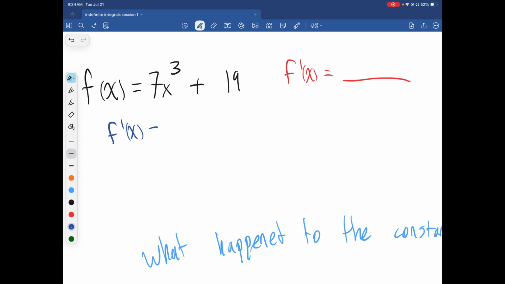Remember, we're using the power rule here. 3 is going to come down, 3 times 7x, and we're subtracting 1, squared plus, remember the derivative of any constant is 0. So we know that f prime of x is going to become 21x squared.